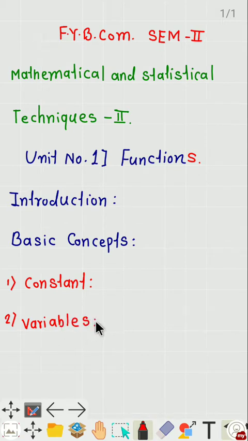A variable is exactly opposite to a constant.